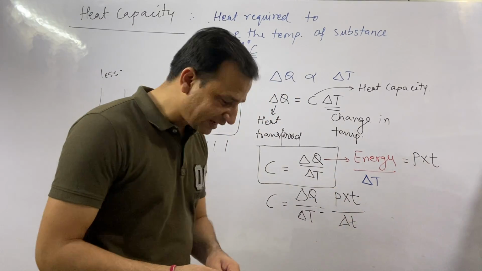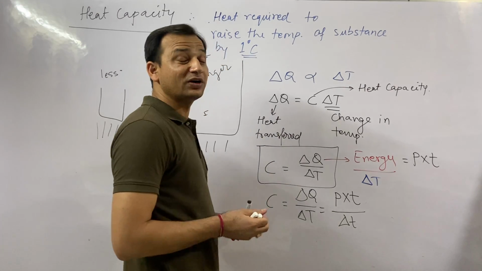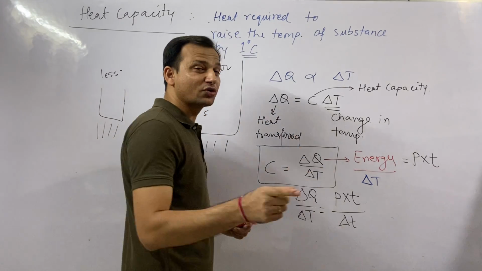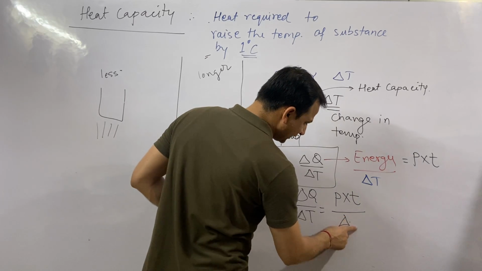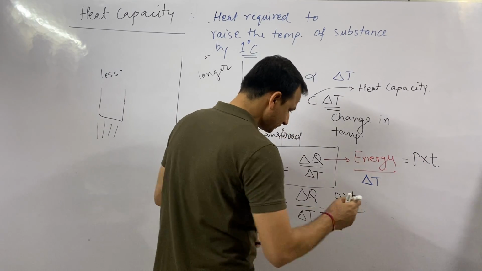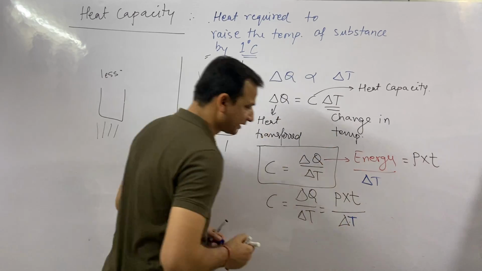By mistake here I have written small t, and small t represents change in time, which is wrong here. We are checking the change in temperature, so it should be capital T, delta capital T.